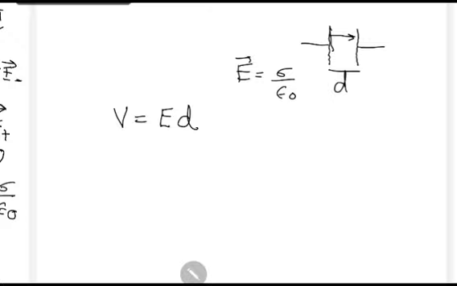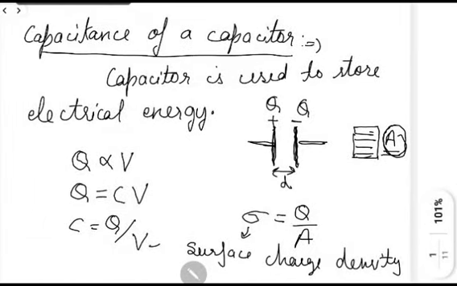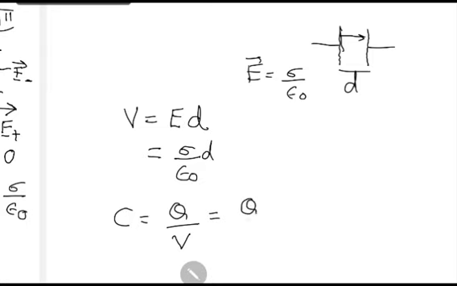V is E into D. Now put here the value of E, which is sigma upon epsilon naught into D. So here we get the value of V. Now put this value in the formula we described earlier, C is equal to Q upon V. Now put the value of V, so it will become Q upon sigma D upon epsilon naught.